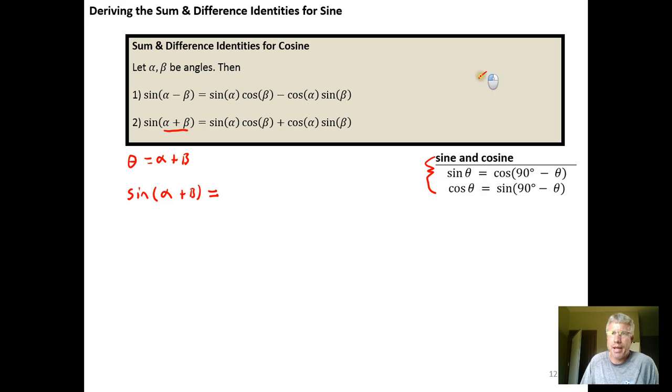And we did that by establishing a right triangle. And we labeled one of the angles theta, which then forced the remaining angle to be 90 degrees minus theta, because the sum of the angles of a triangle had to add up to 180 degrees.